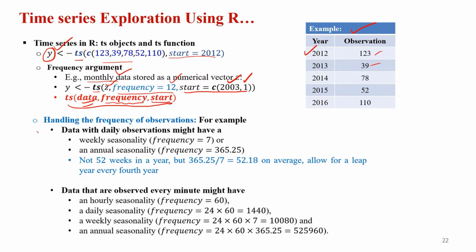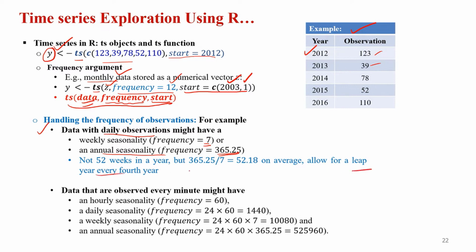Here I am giving an example of daily data and how you can mention it. Either you can use a frequency of 7, in order to capture weekly seasonality, or for annual seasonality you can mention the number of days. Why are we using 365.25? In order to cater for leap years.